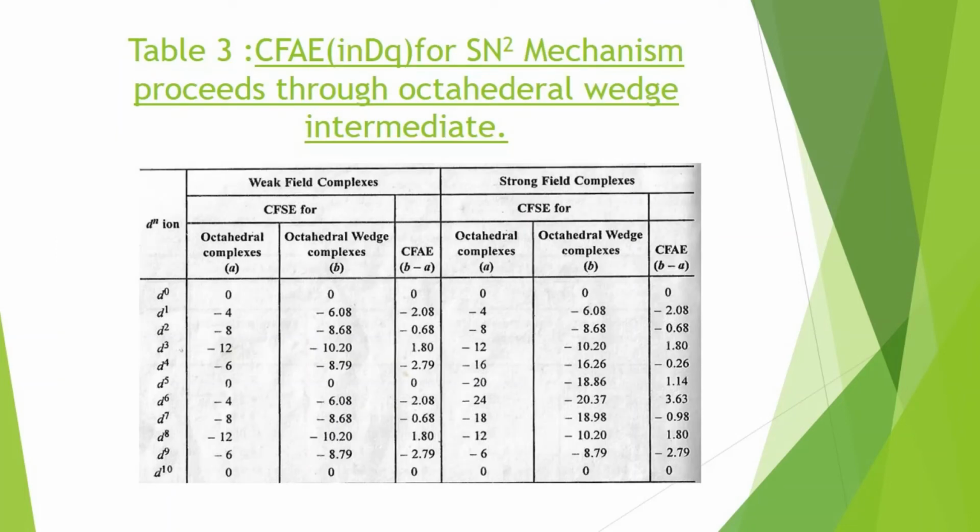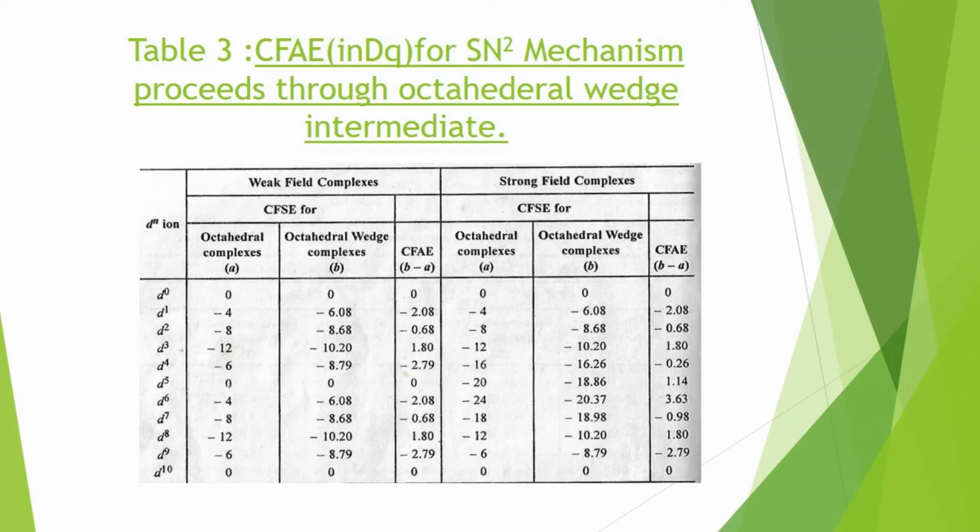Table 3 shows crystal field activation energies of octahedral complexes having d0 to d10 configurations for weak field and strong field for SN2 mechanism. We know that SN2 mechanism proceeds through an octahedral wedge intermediate because this structure requires minimum energy for its formation.